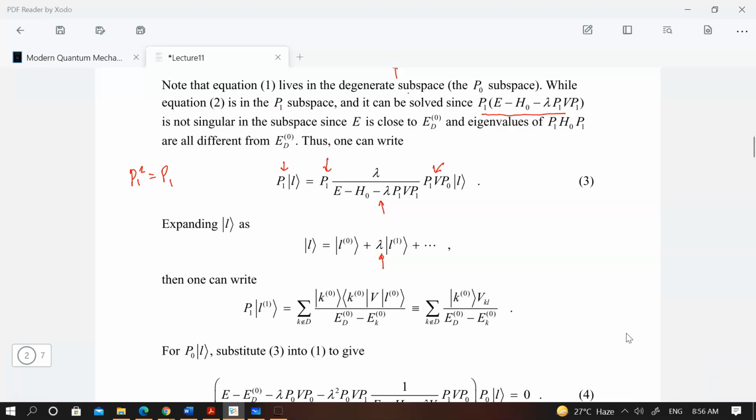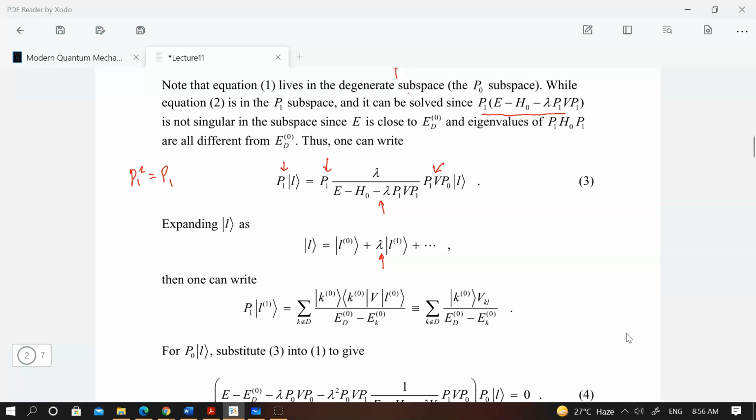So you have the zeroth term, and then the first order term, and so on and so forth, and then you plug this into your equation, and one should be able to write down the first order term P1L1, for example.